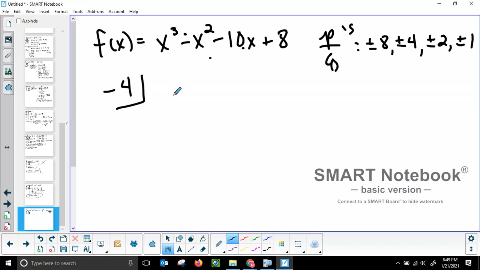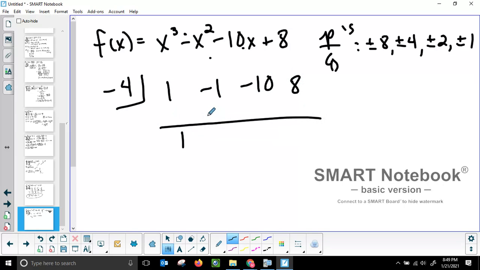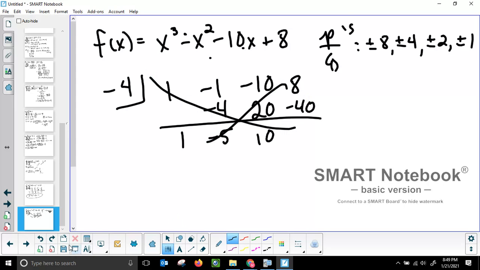Negative 4: 1, negative 1, negative 10, 8, 1, negative 4, negative 5, 20, 10, negative 40, nope. Okay, so I didn't mess up.